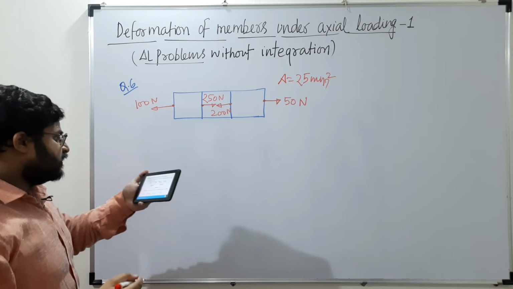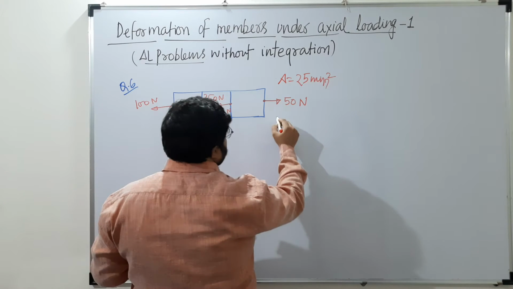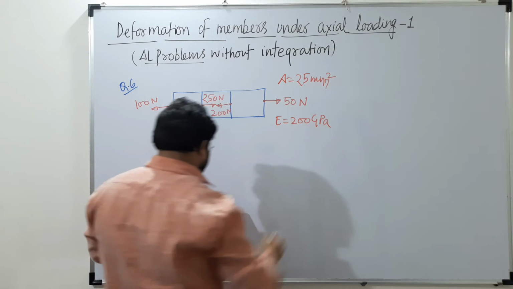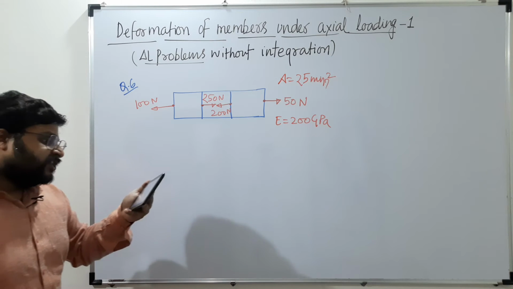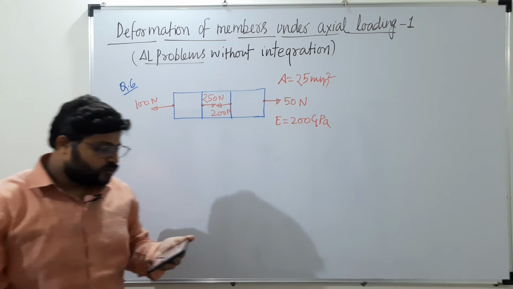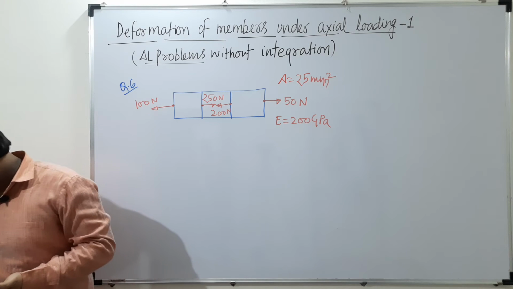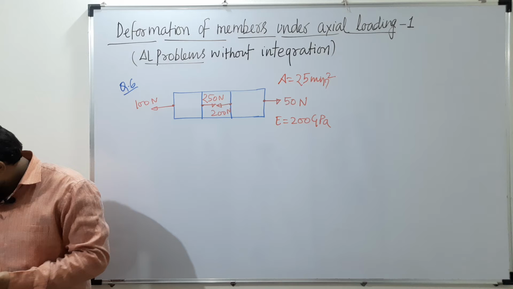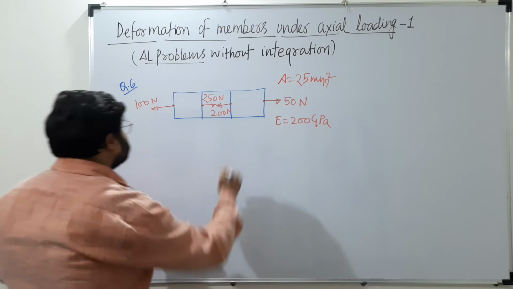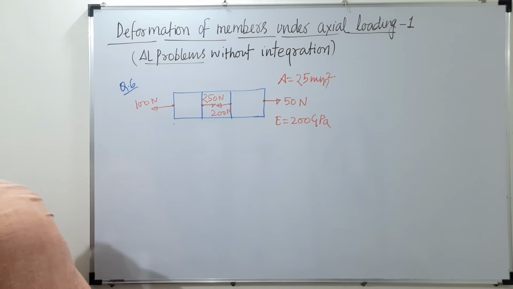Now what they are asking, assume E steel is equal to 200 gigapascal. That means E value is also given as 200 gigapascal. The total change in length of the rod due to loading is. So this appears to be case 3 with constant cross section area, which we have seen for delta L. Now the lengths of different members are also given.